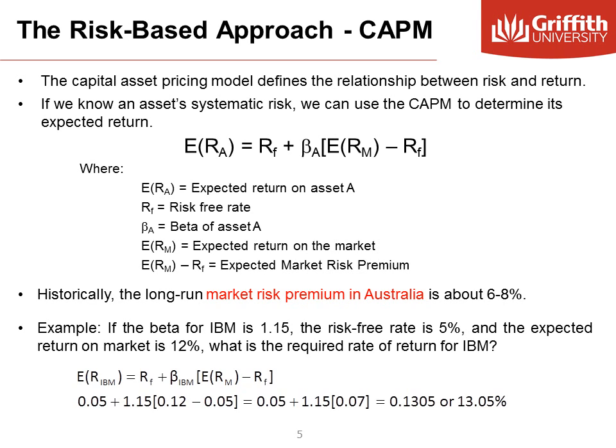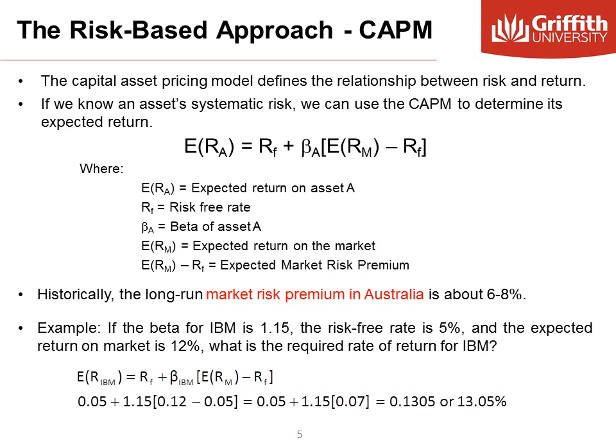Why? Because the beta of IBM is higher than the beta of the market. So immediately we know we should get a higher result than the market return. And indeed, applying the formula, we get 13.05% expected return.